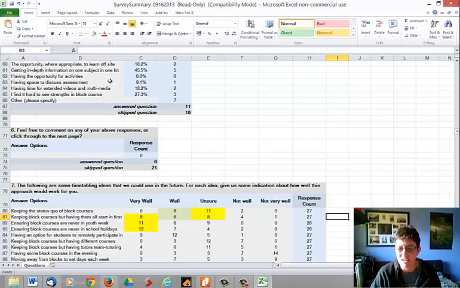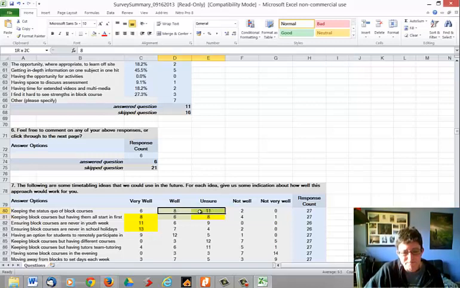It was pretty evenly split, and there were students that also felt it would fit and work in the first week. So the well and the well, these give me an idea.